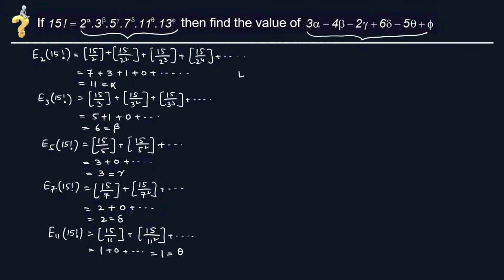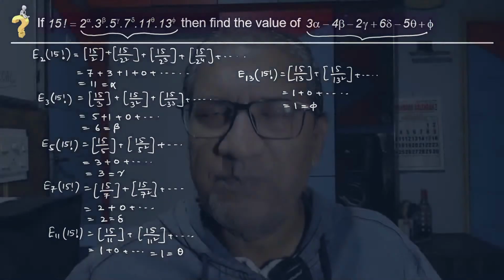Next, we have to find out what is the exponent of 13 in factorial 15. So we are having one plus 0 again. So it's only 1, and which is your phi.